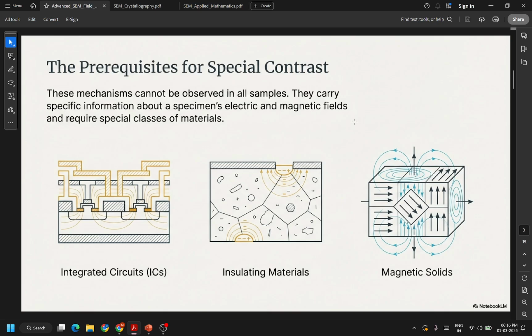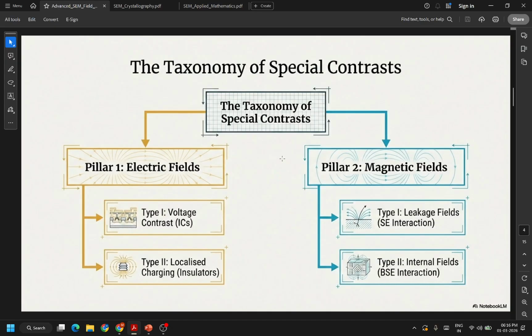But these special contrasts are not available in every material. For that, you need special classes of materials such as integrated circuits, insulating materials, and magnetic solids. Electric fields can be of two types: one is voltage contrast and the other is localized charging. And for magnetic fields, you can visualize leakage fields and internal fields.